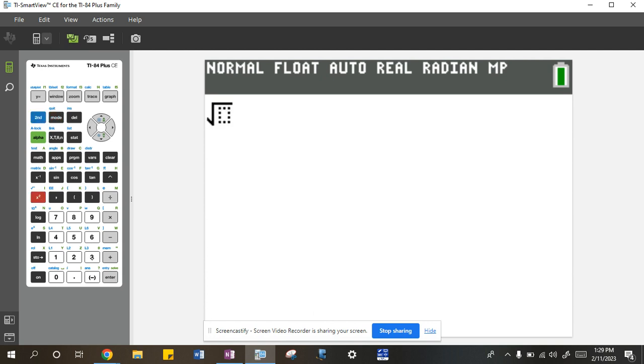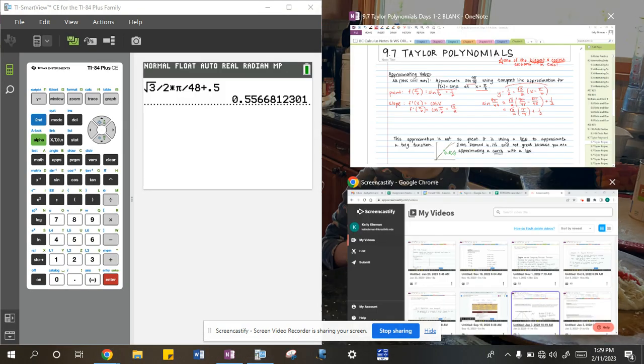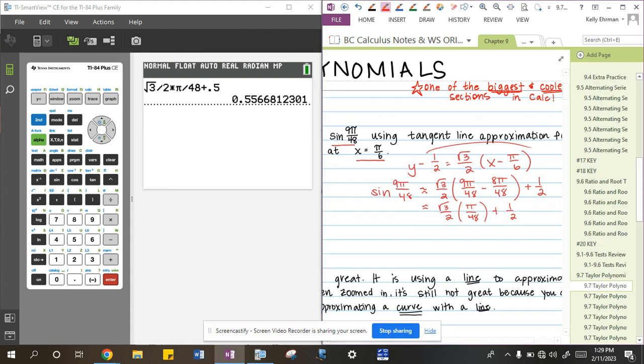So this was square root of 3 over 2 times pi over 48 plus 1/2. So I'm going to write this down to all of its decimal places because we're looking to see how far off we are. So our approximation for the sine of 9 pi over 48 is 0.556681230.